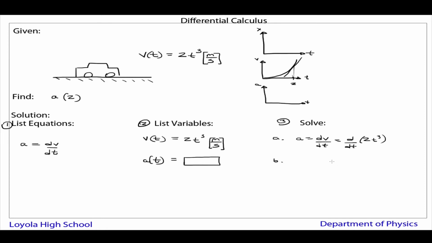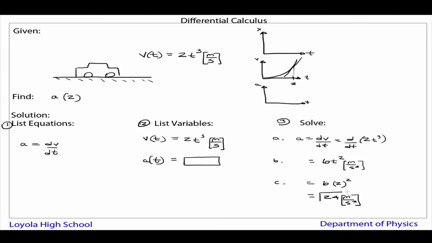This is relatively simple, so it's going to be equal to 6t squared meters per second squared. And then finally we're going to evaluate it at 2 seconds. At 2 seconds we're going to get 6 times 2 quantity squared, which is equal to a grand total of 24 meters per second squared. So that's the acceleration rate at that point.